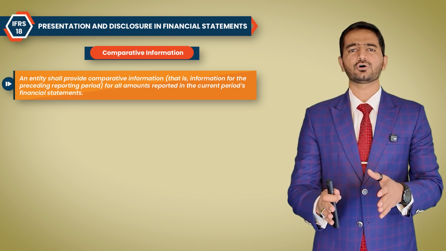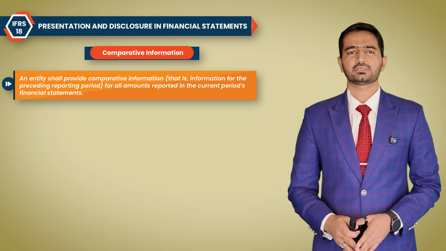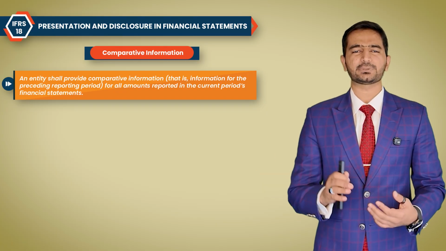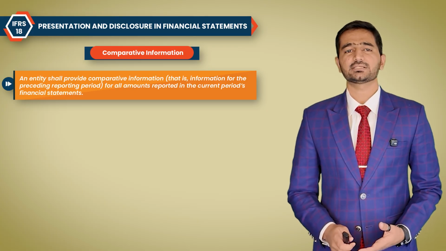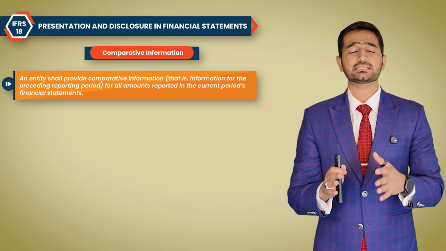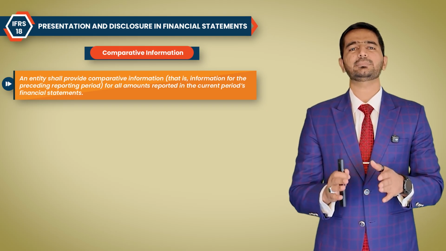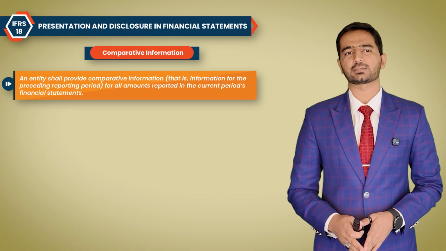This is what we call comparative information. It's basically the financial version of before and after pictures. My friends, comparative information is important because it allows users to see how the company has evolved over the period of time.